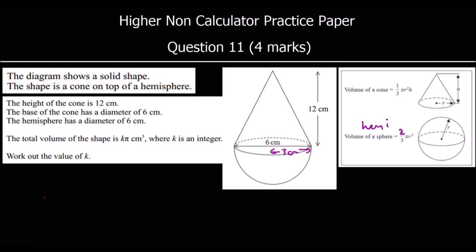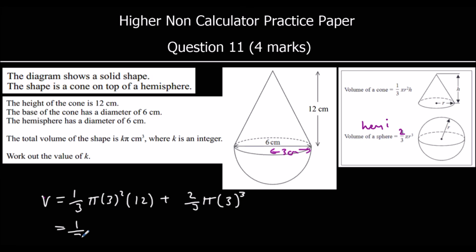So the volume is 1/3 of pi times 3 squared times 12 this time, plus 2/3 of pi times 3 cubed. 3 squared is 9, and 3 cubed is 27.